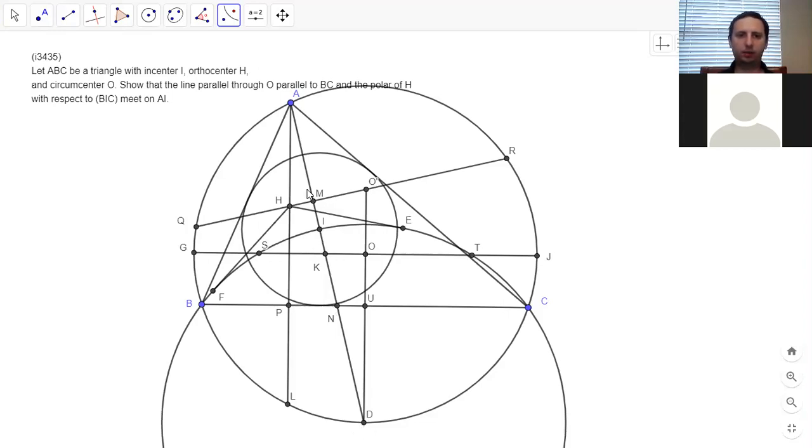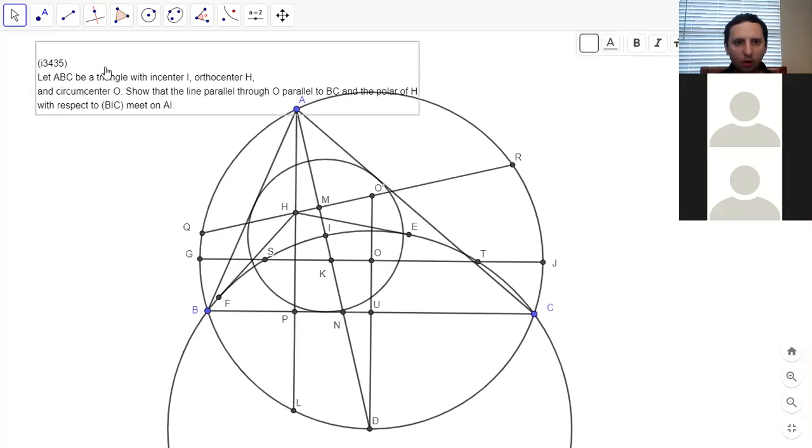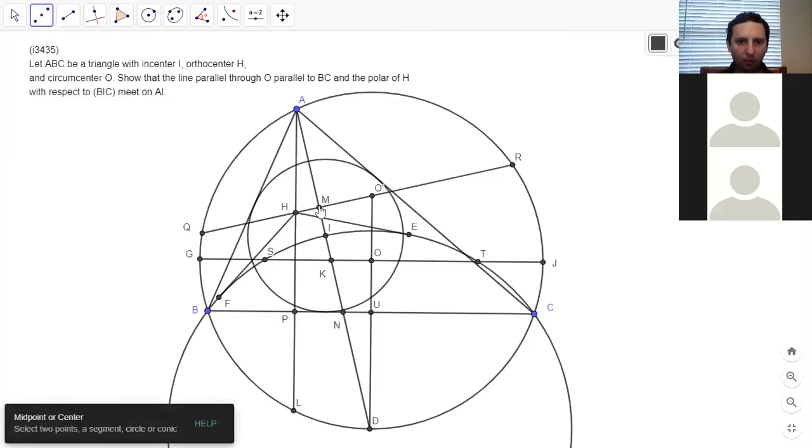Yeah, because DK times DM is DO times DO prime. I think I can prove that HO prime is perpendicular to AI. Okay, it's very easy. You can call the midpoint of MO prime.